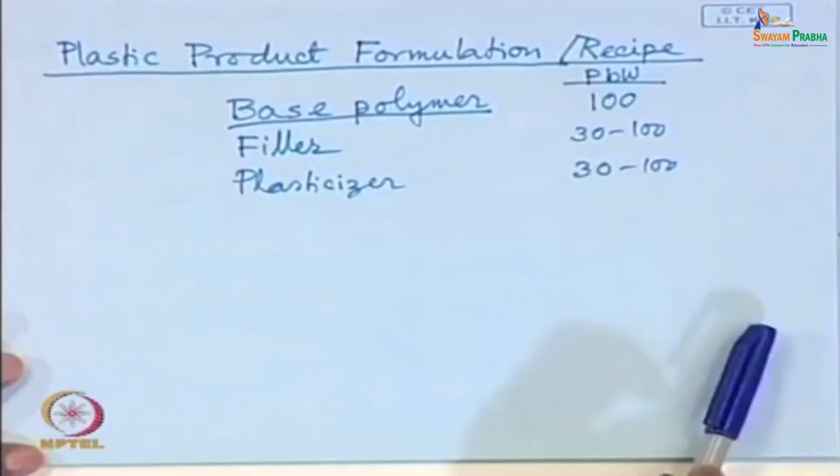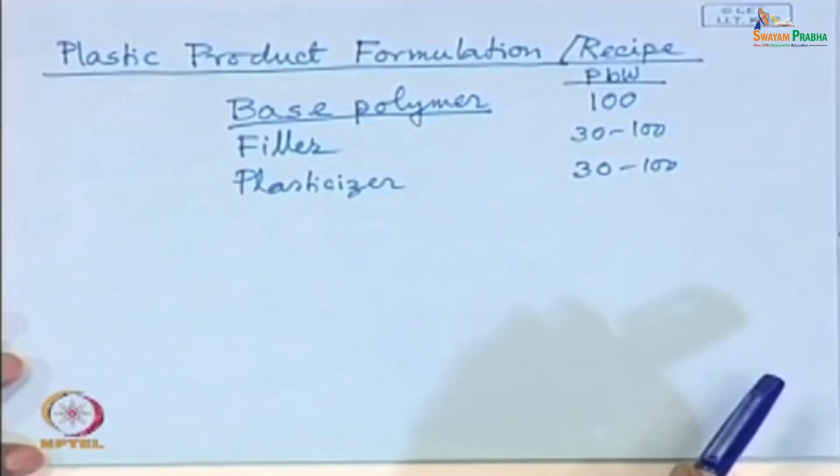If its melting temperature, softening temperature is 130 degrees, you have to go beyond 150, otherwise you cannot make a sheet or film or any other product. But you can reduce the temperature provided you use ingredients like plasticizer. If you use this plasticizer, then you can reduce the softening temperature.